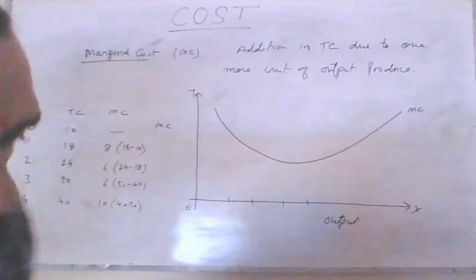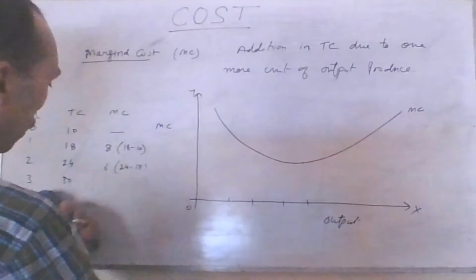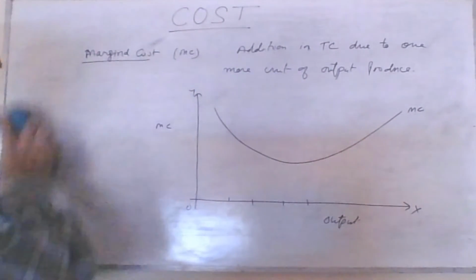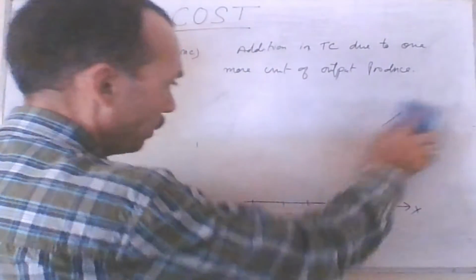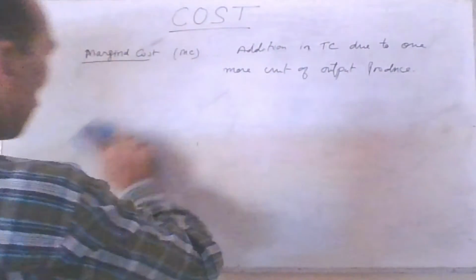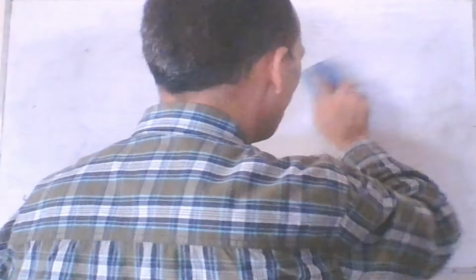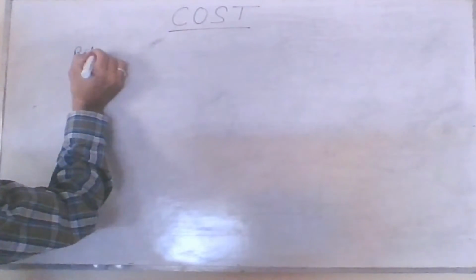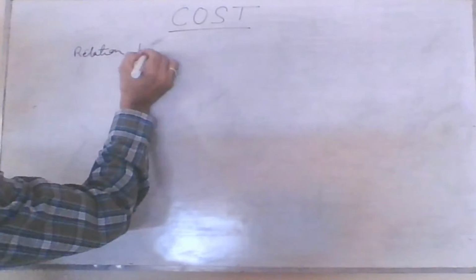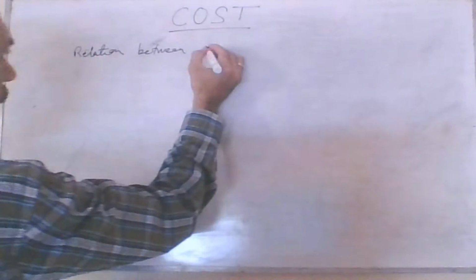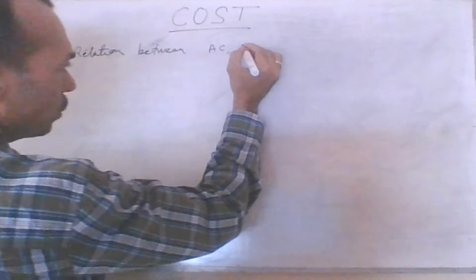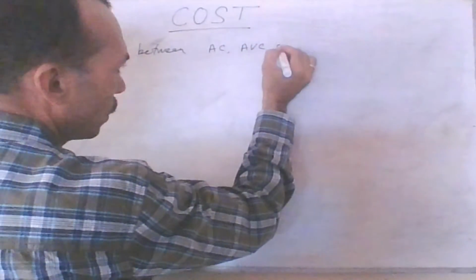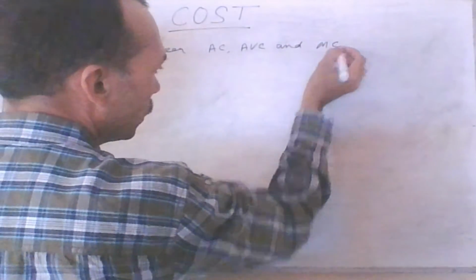Now, the relation between marginal cost, average cost, and average variable cost. This is very, very important.